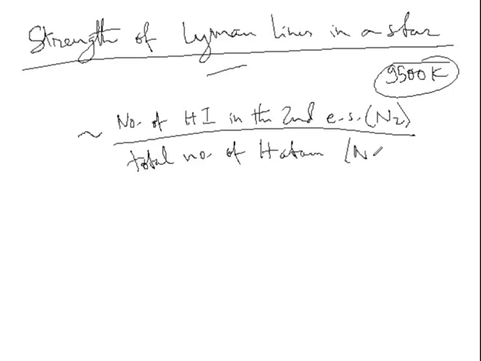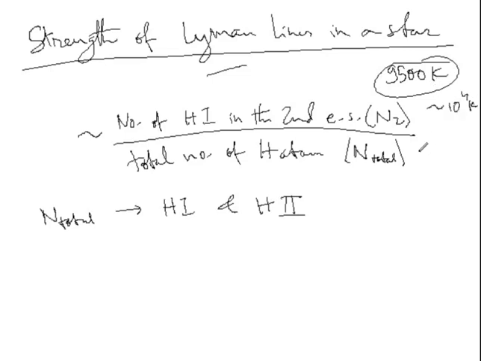And we can write that as N total. Now it is important to note that N total includes both H1 and H2 atoms, right? And since we know from observation that the temperature of interest is around 10 to the power 4 Kelvin, 10,000 Kelvin, we can assume that all the H1 atoms are either in the ground or first excited state.